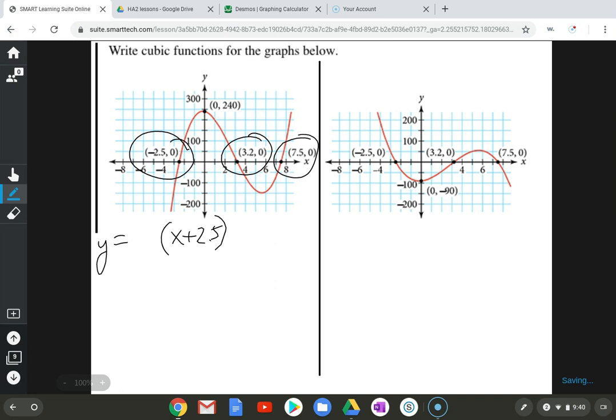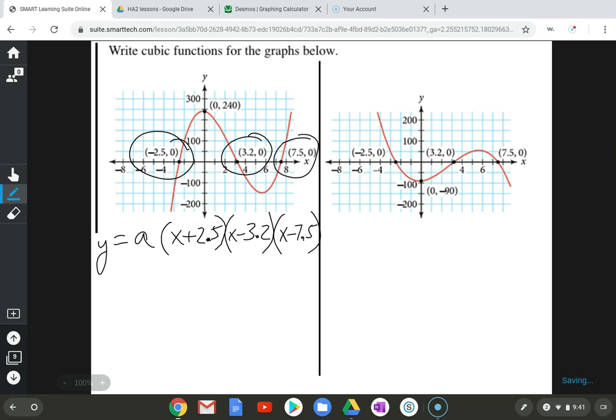If our root is 3.2, our factor is x minus 3.2. If our root is 7.5, our factor is x minus 7.5. Now, there could be a dilation factor, and we're going to call that a. So a is going to represent any scaling factor that might be applied to this polynomial.